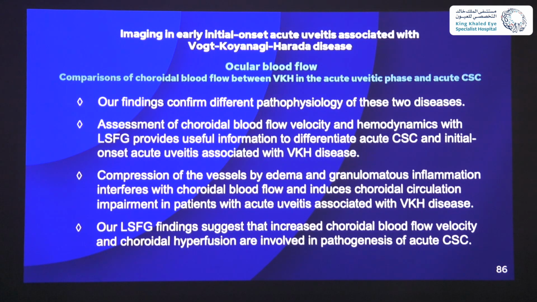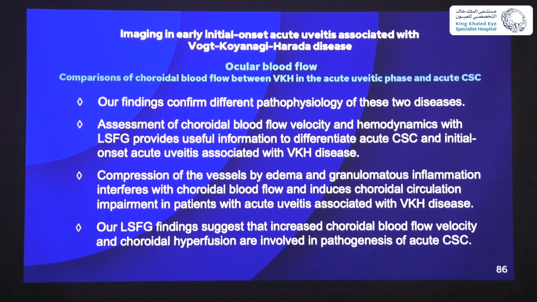So our findings confirm different pathophysiology of these two diseases. Assessment of choroidal blood flow velocity and hemodynamics with laser speckle flowgraphy provides useful information to differentiate acute central serous choroidopathy and initial onset acute VKH disease.